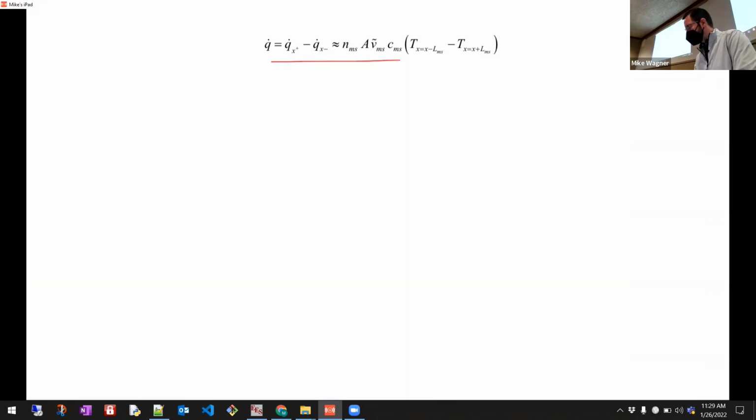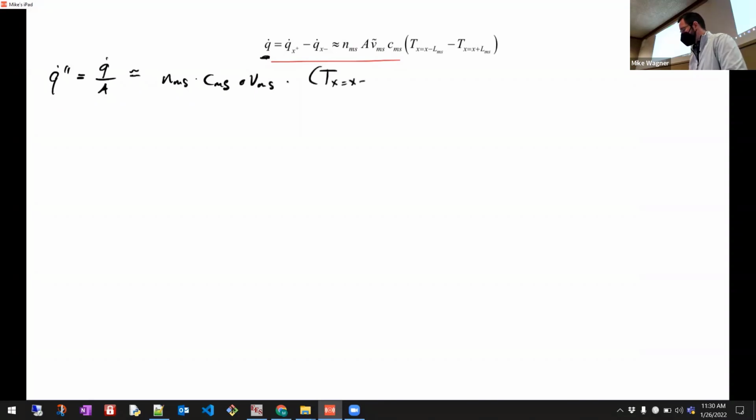So Q dot double prime is equal to Q dot divided by A. That helps a little bit. We end up with n_ms times c_ms times v_ms times our temperatures, T at x minus L_ms minus T at x plus L_ms. Incremental step, it helped a little bit.